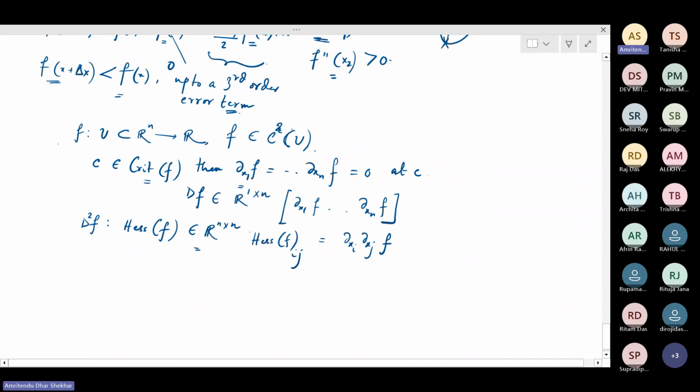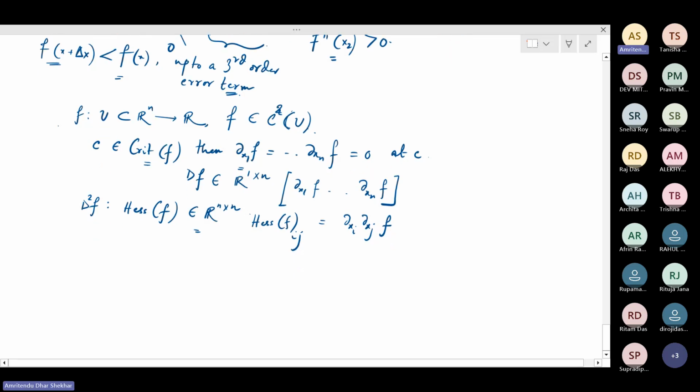Now, if f is a C2 function, then the Hessian of f is a symmetric real matrix.